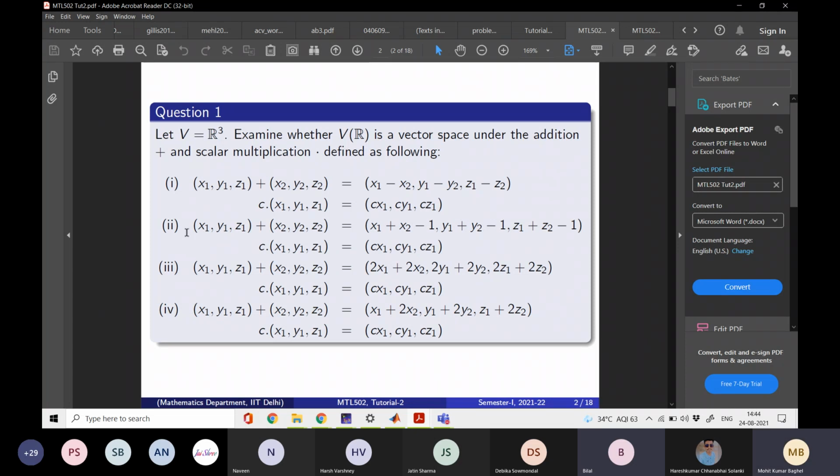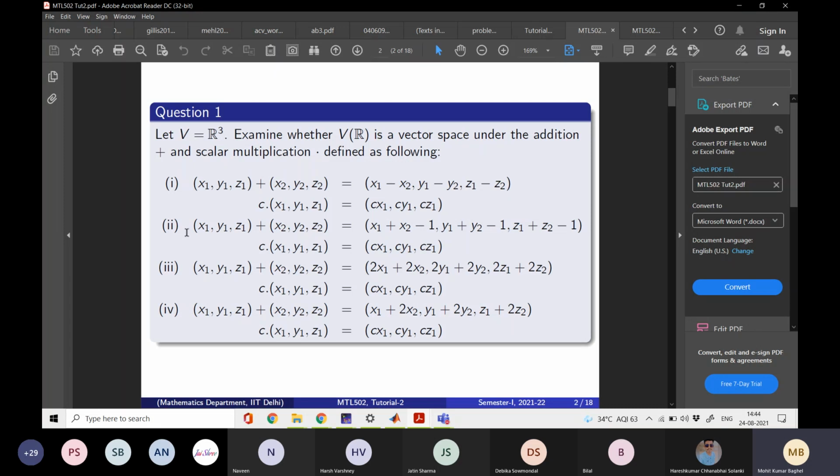See, okay, I understand. I got what you are missing here. You are taking the identity to be 0 0 0, but that is not the case. It can be of a different kind, so here it may change.